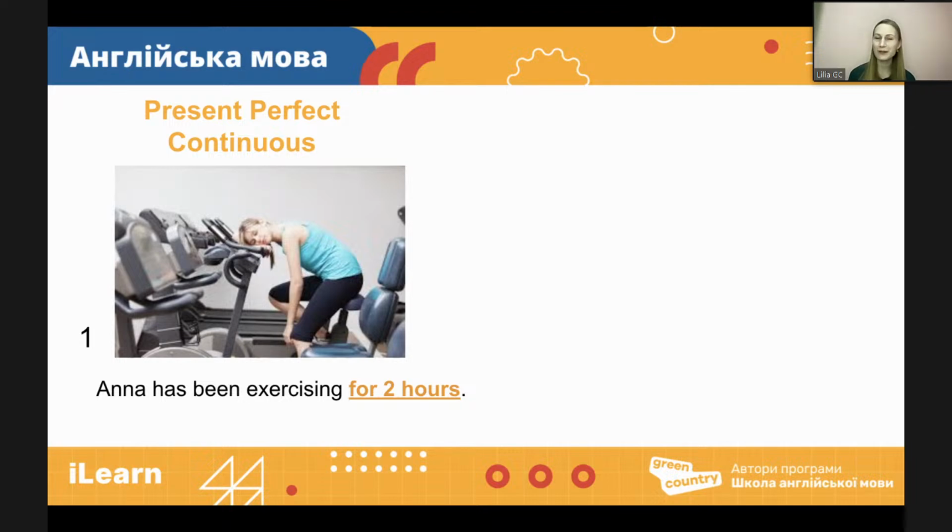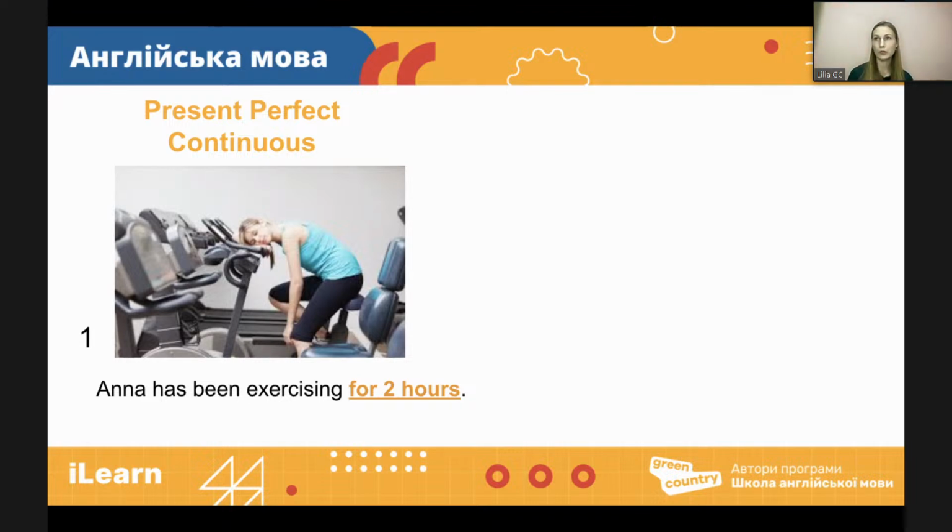So present perfect continuous never shows the result. It focuses on the duration of some action, and sometimes it shows what side effect it led to. So she is tired right now because she has been exercising. Or the roads are wet because it has been raining.